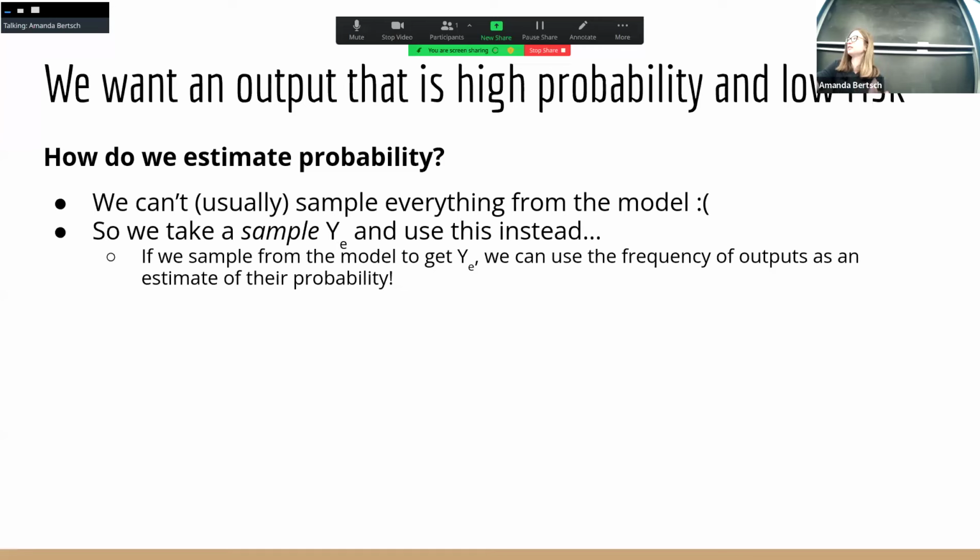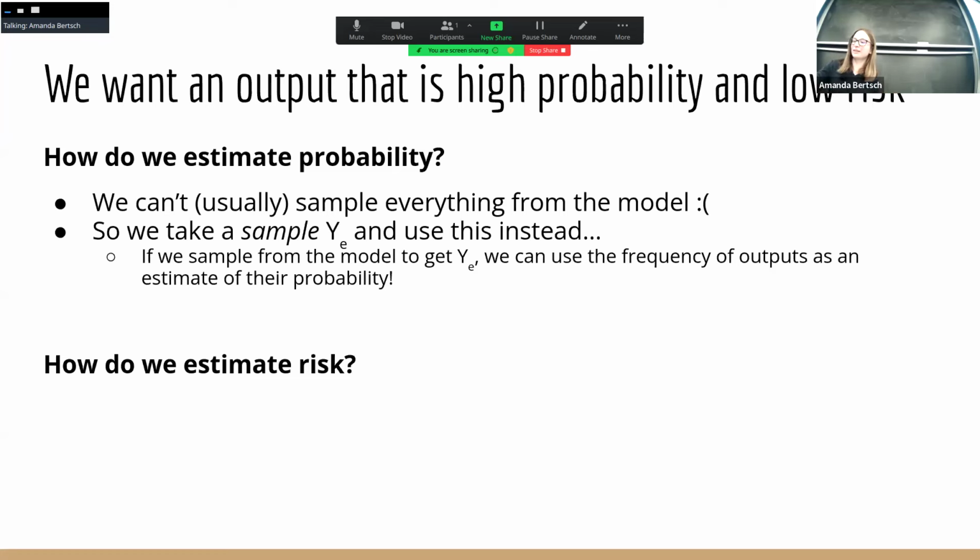This is something called Monte Carlo sampling. If you do this enough times, like if you sample an infinite set, this would give you exactly the model distribution. But for the reasonable size sets we're working with, maybe like 100 samples, this gives us a reasonable approximation for what we need to do here at least. So we're just going to take a sample to get probability, and we're just going to count things in that sample to see how likely things are. That doesn't seem too bad.